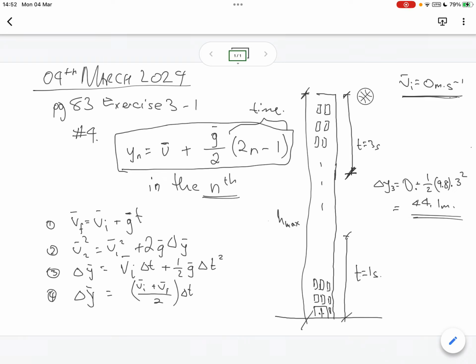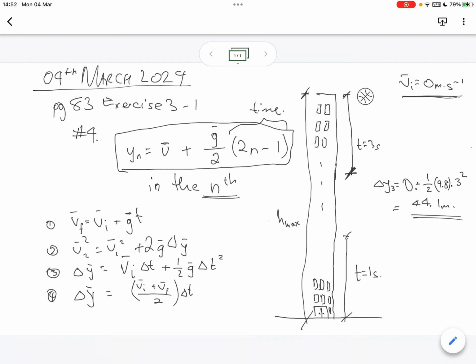Maybe we should think about it differently by asking, in the first 3 seconds how far would it have traveled? Because we first looked for the final velocity, which was not doing well, so that didn't give the correct result.